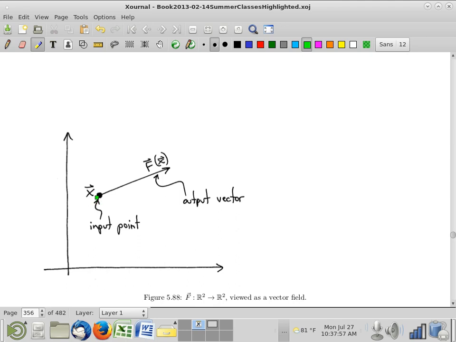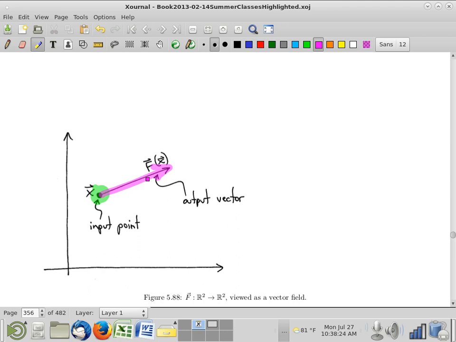For any given point in R2, for this picture at least, so notice my input point, what I'm calling my input point for this function. I'm picking a point in R2. And at that point, I need to tell you the corresponding output vector. Well, that output vector is a vector in R2. Right, so it's something that does this.